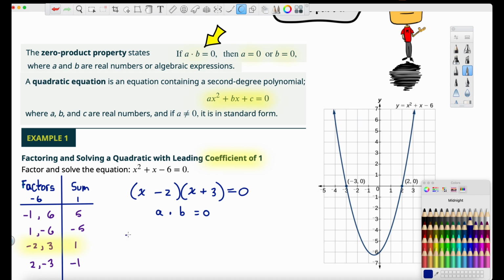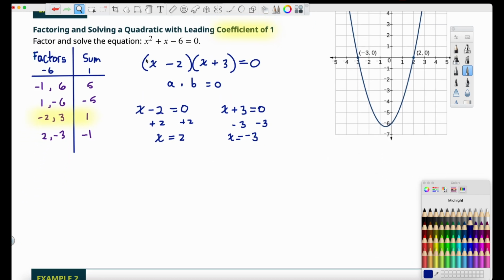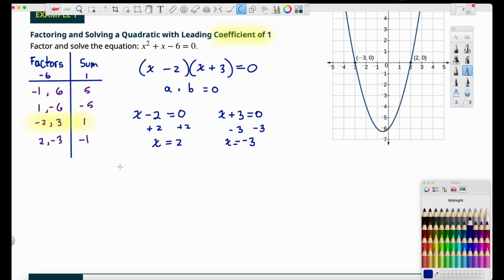So in this section, we know that x minus 2 has to be equal to 0, and x plus 3 has to be equal to 0, because those quantities, if they are 0, then it satisfies our equation. So we'll solve for x, and we get 2, and we get -3.